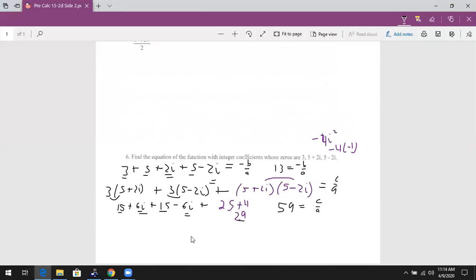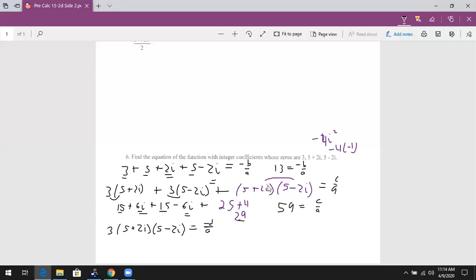Now, why did I do those separately? Because the last one is to take your zeros, 3 times 5 plus 2i times 5 minus 2i, and multiply all three together, and we're going to get negative d over a.